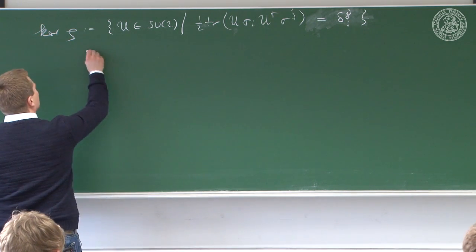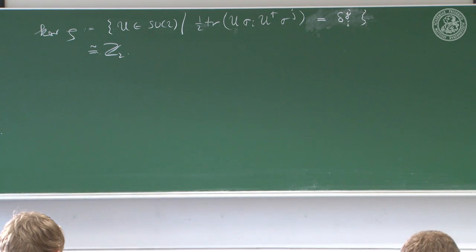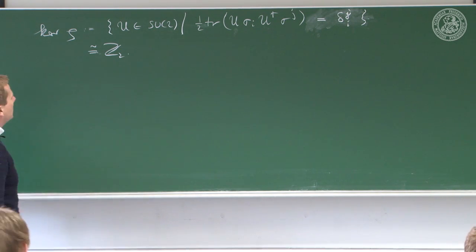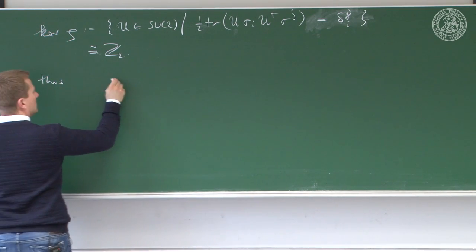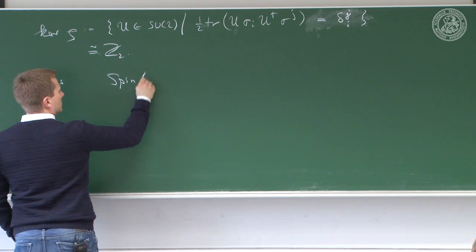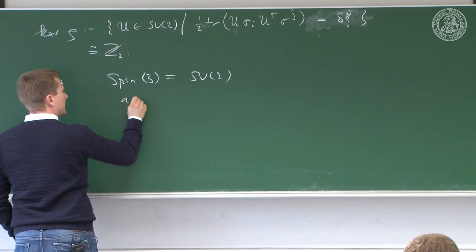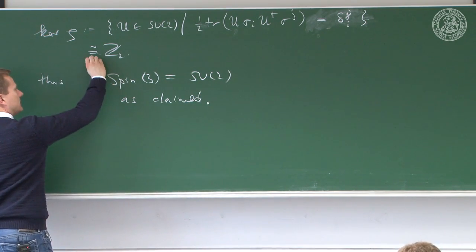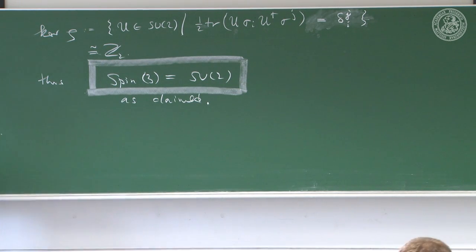And from this you learn that there are two in there. Good. So thus Spin(3) equals SU2 as claimed. Okay, so all we did is prove what I claimed before in the table for one special case.